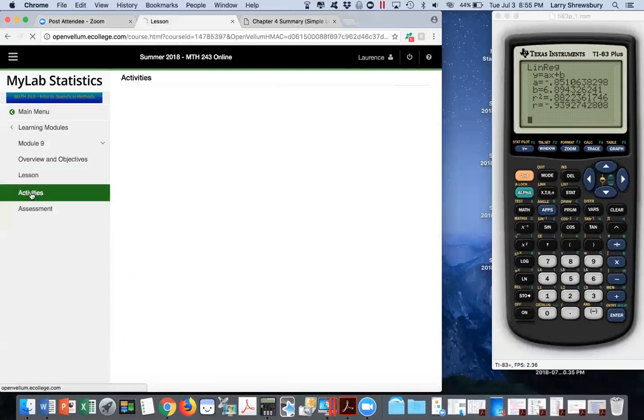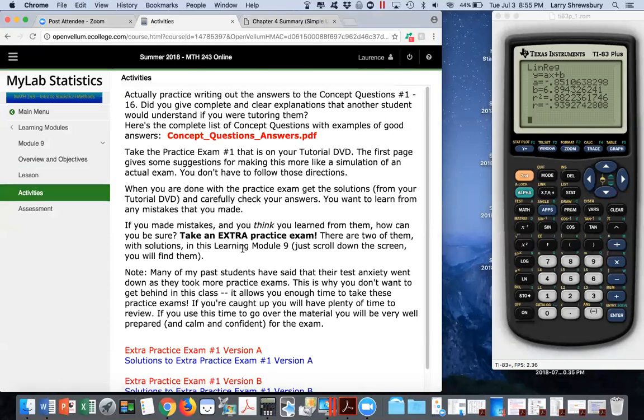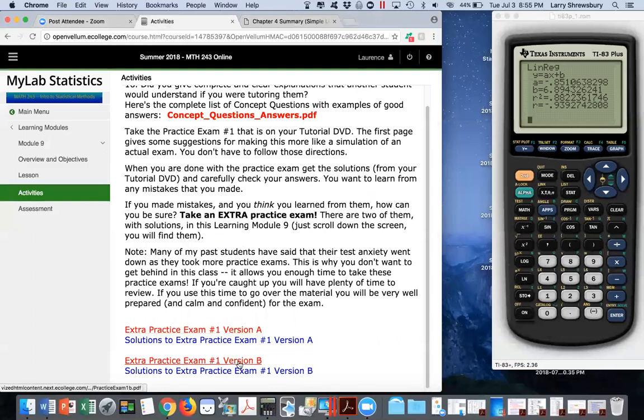But when you click on activities, guess what? There's 2 more versions of practice exams. So you could take a total of 3 practice exams if you want to. You don't have to, and these aren't anything you turn in. But make sure you do at least one, because that way you won't have any surprises on the test.